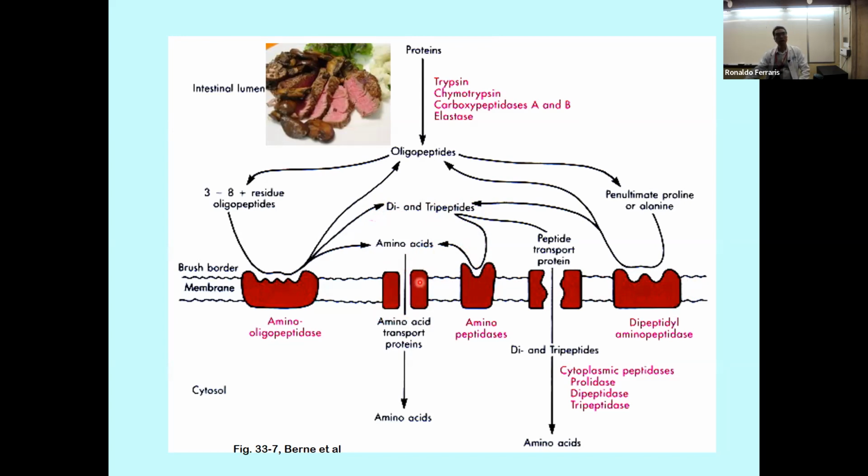You have actually about 8 amino acid transport proteins found, and if you have a mutation in some amino acid transport proteins, you actually have shortages of amino acids.